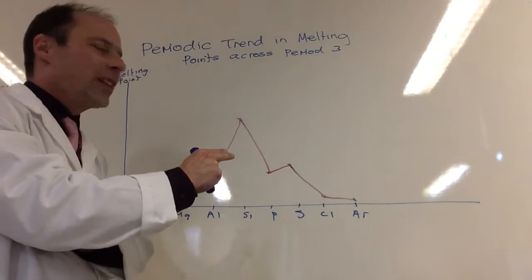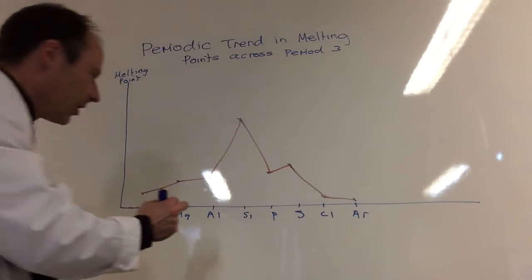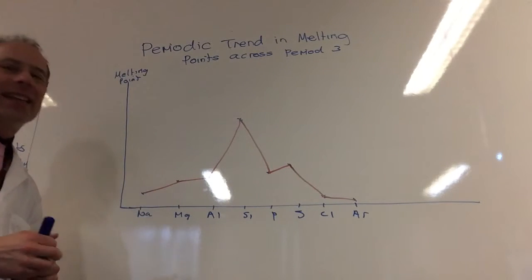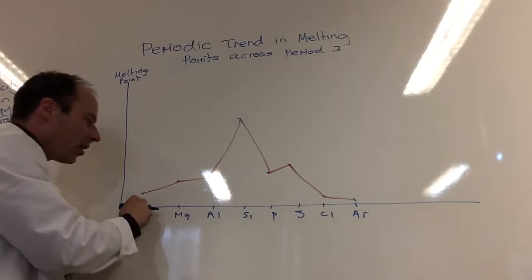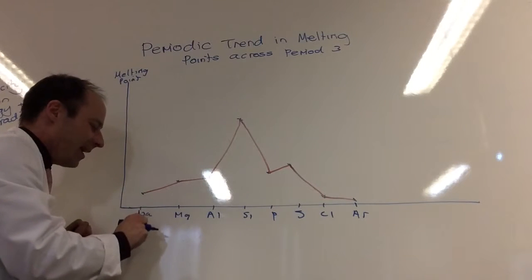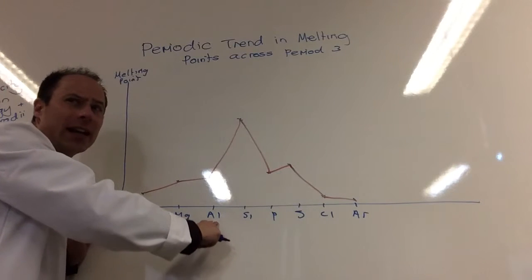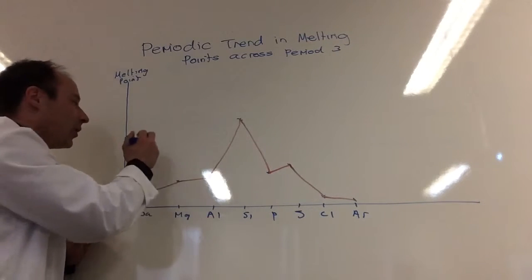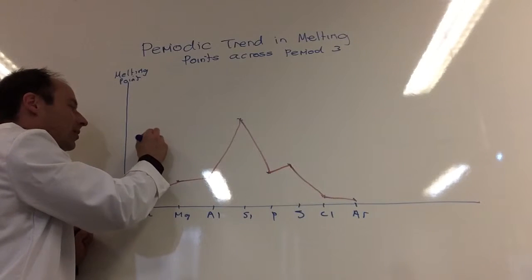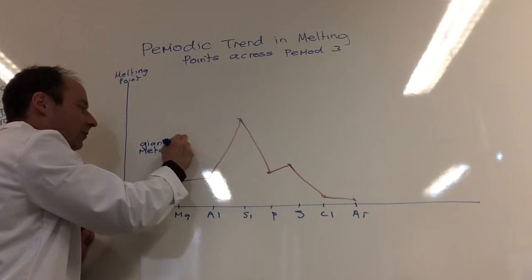And the only way you can explain this is in terms of structure and bonding, which is what you would have looked at last term. So, key thing, what is the type of structure and bonding that's happening in this area? Sodium, magnesium and aluminium. What type of structure must they have? Metallic. Yeah, and we call it a giant metallic structure.